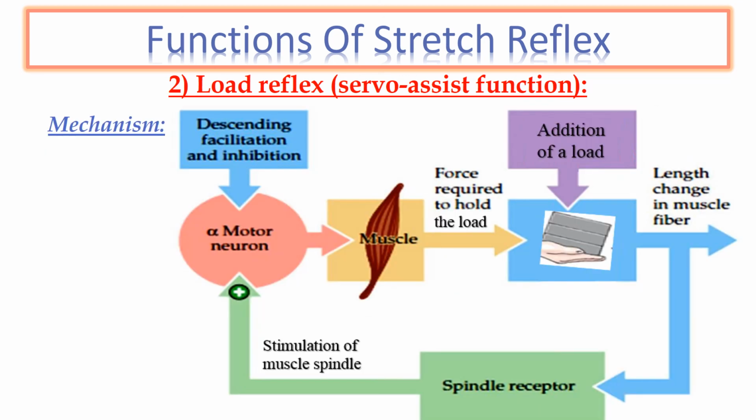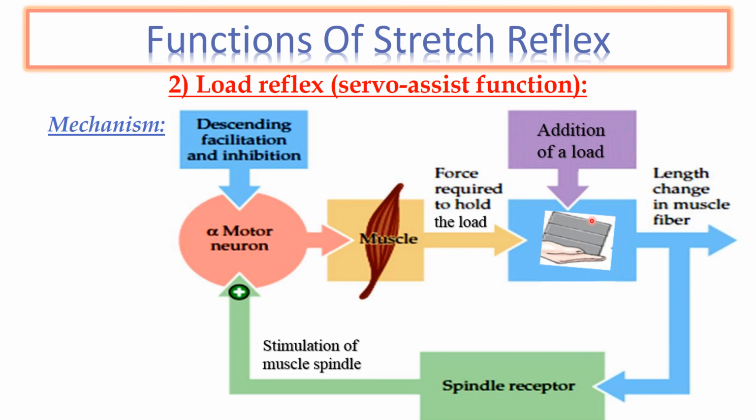How can we explain this mechanism? There is descending facilitation from the cortex to the alpha motor neuron to elevate this object, or to elevate any load, or to actively contract the muscle. When the muscle is contracting, this is the force required to hold the load.